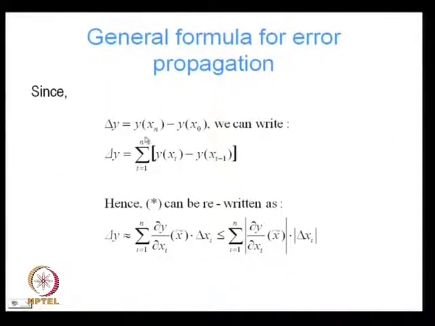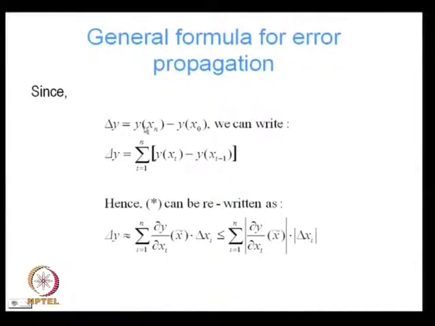Since delta y is equal to y of xn minus y of x0, recall y of x0 is the solution with the exact values for the independent variables, and y of xn is the solution where we have replaced the exact values of the independent variables with the approximate values.